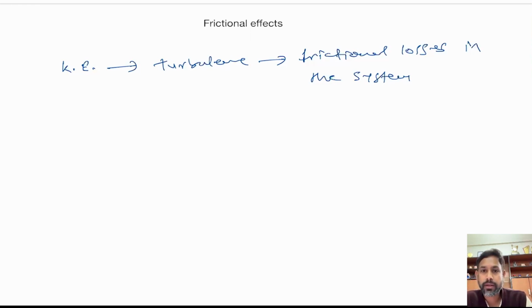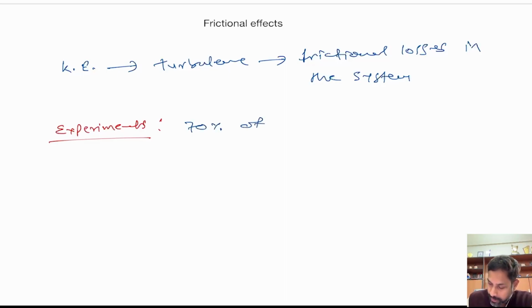So there are a lot of frictional losses, and in fact experiments suggest that 70% of delta KE goes into frictional losses.